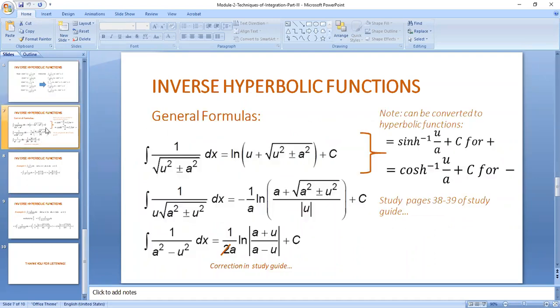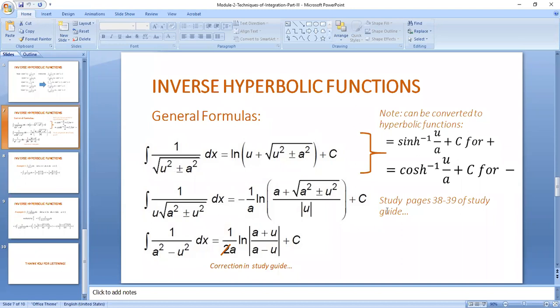But in this case, it's a real number. So this time you have negative 1 over a ln of, and the argument is complex in the sense that you have the a. So you take the square root of this plus the square root of a squared plus u squared if you have plus here. If it's minus, you should also have minus here, divided by the absolute value of u, or you simply divide it by u, plus c.